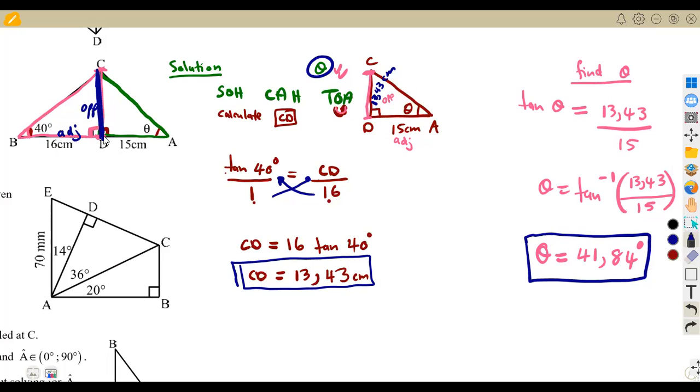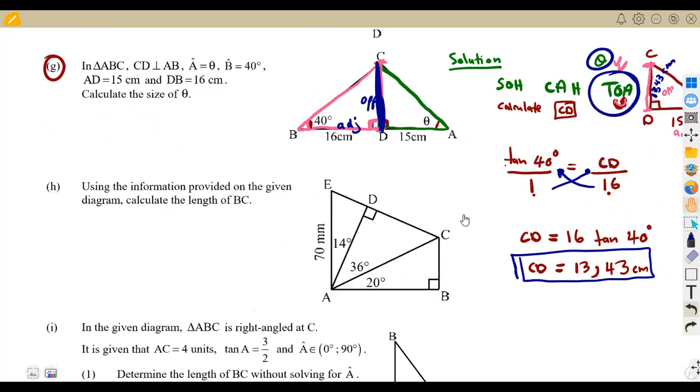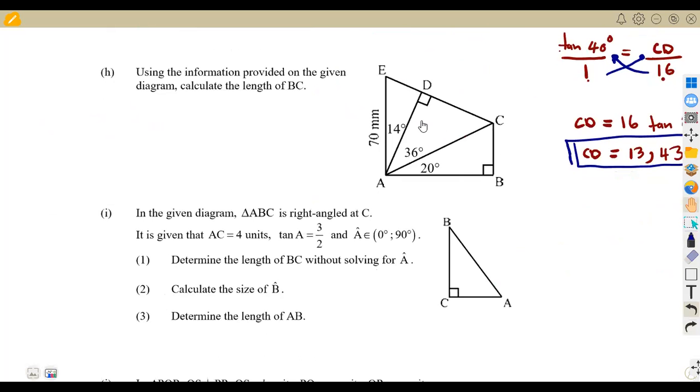Yes, I can determine the opposite, which is CD, which is the common side. Having this common side, I can now calculate theta, because I can name my triangle according to theta. This is opposite, and this side is the adjacent. And there's only one ratio that is called opposite and adjacent, which is the ratio of what? Of tan. Substitute into your formula, then we can use your calculator to determine the angle that you're asked to find.